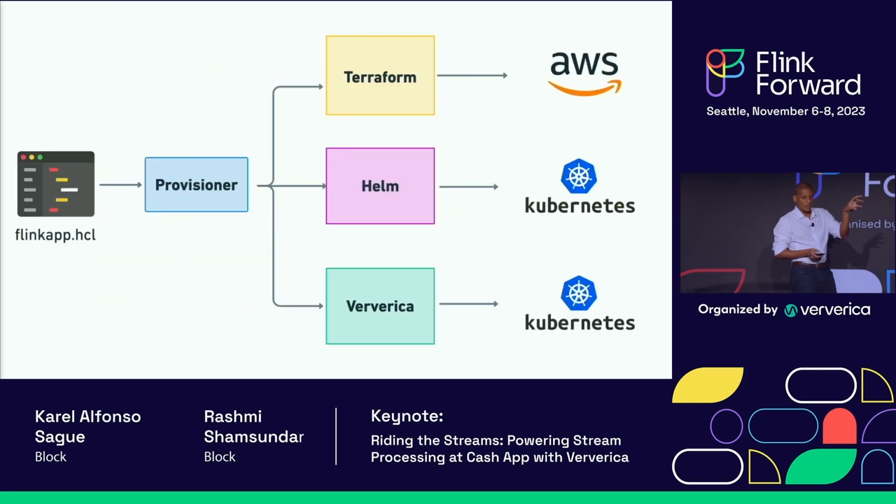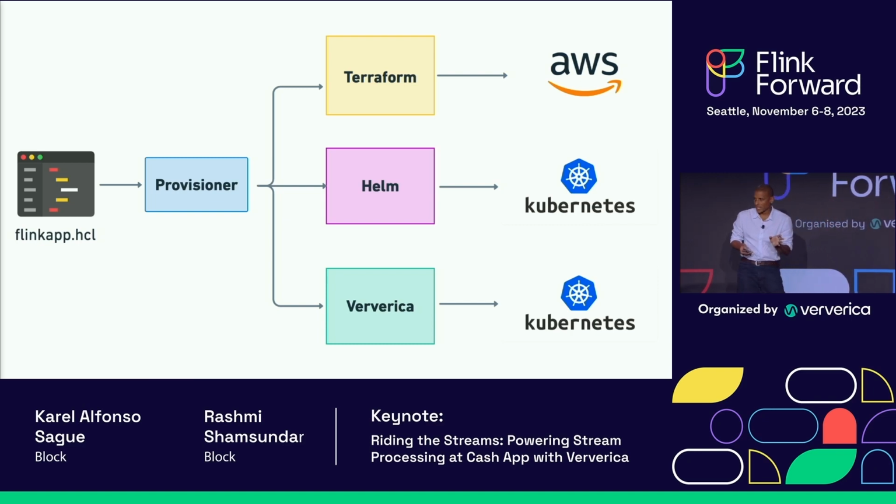At the last stage of the pipeline, our provisioning tool, which is quite simple, is a Golang application that interfaces with Terraform, Kubernetes via Helm, and any software that provides an API. It takes in the manifest and creates the required resources in AWS and Kubernetes so that at the end you have a functioning and running Flink application.